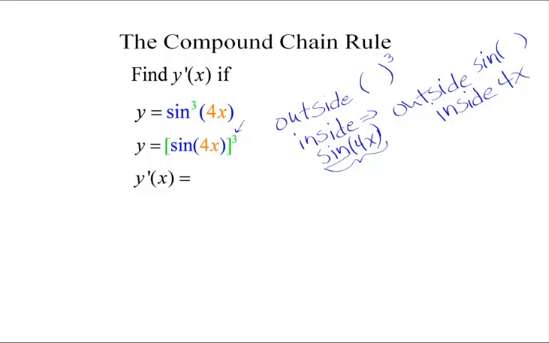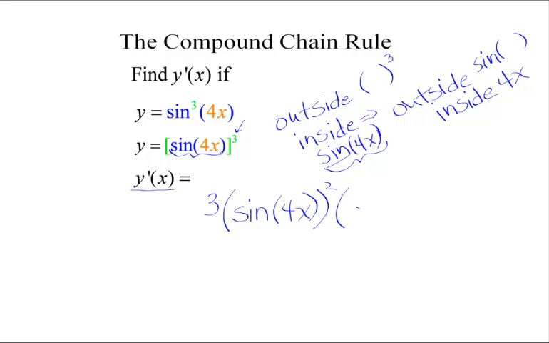So listen to the verbalization for finding y prime. It is the derivative of the outside, not changing the inside, times the derivative of what's inside, which is another chain rule. So I do a restart on verbalizing my chain rule.